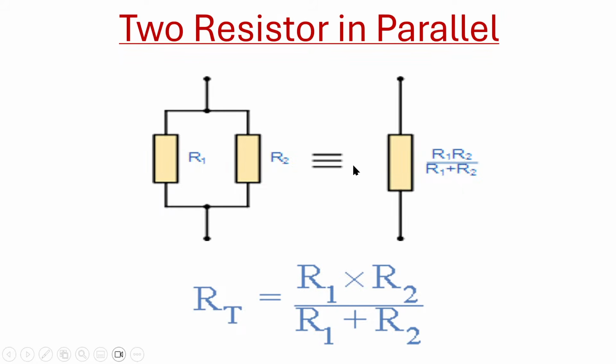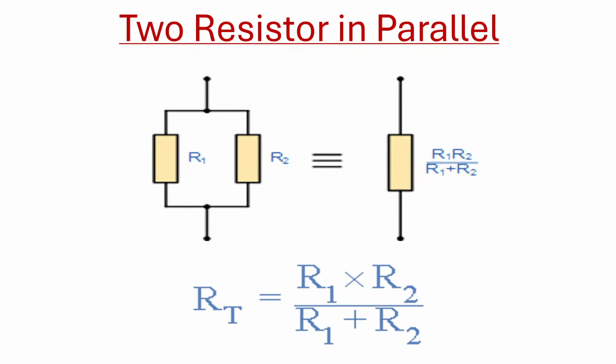But the case is different when you have only 2 resistors connected in parallel. If 2 resistors are connected in parallel, the total resistance RT is equal to R1 times R2 divided by R1 plus R2.